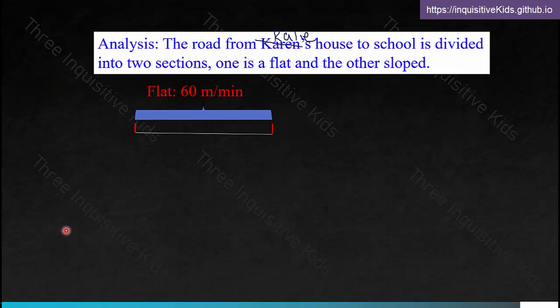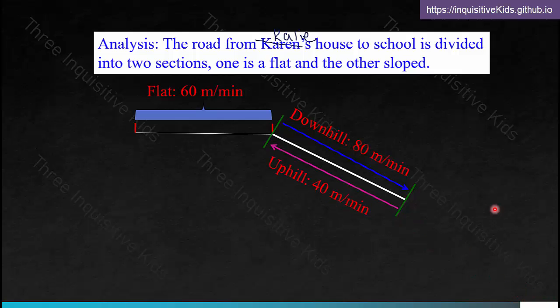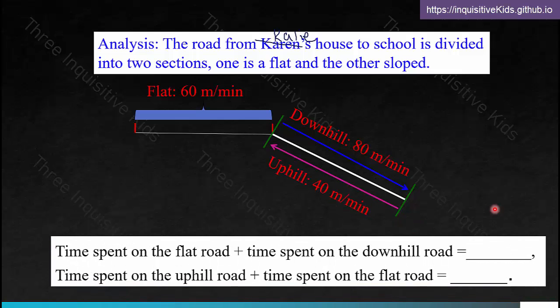So we know that this is the flat part, and she walks 60 meters per minute on this part. The sloped part, when she's going from up to down, this is a pointed down arrow. Downhill, she walks 80 meters per minute. Uphill, she walks 40 meters per minute.